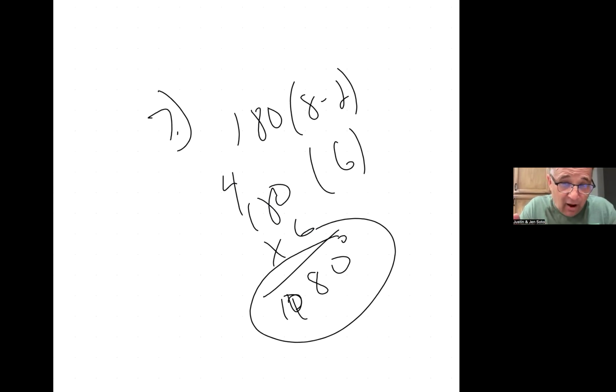And it doesn't have to be a regular octagon. If it's a regular octagon, you just divide this by 8 and you know what each angle is because they'd all be the same. Here in this octagon, they're not the same, but the sum of all of them will be 1080, even though some angles are different. All right. Let's do number 8, I'm going to lay it out for you, then you're going to do it.